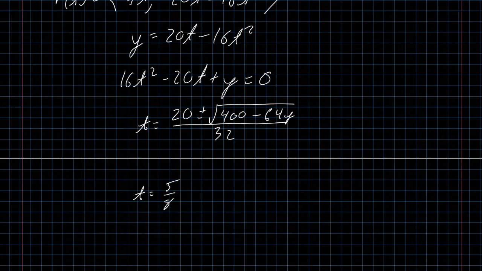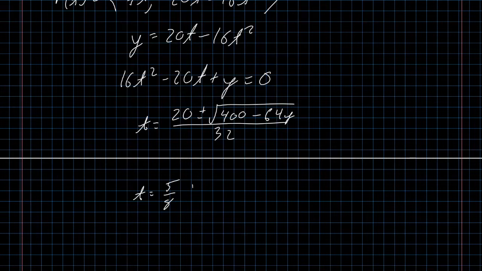400 and 64 have a common factor of 8, I guess, but that's not all that useful. Does 16 work? 400 divided by 16 is 25. All right, so square root of 16 is 4.